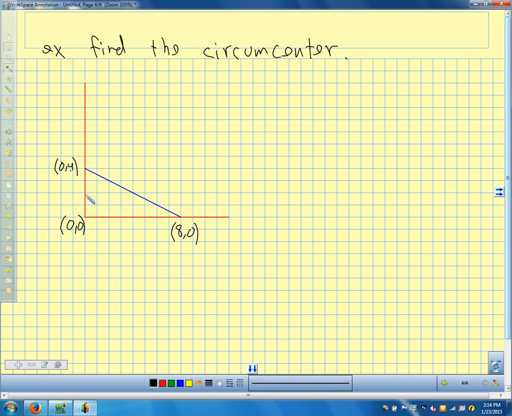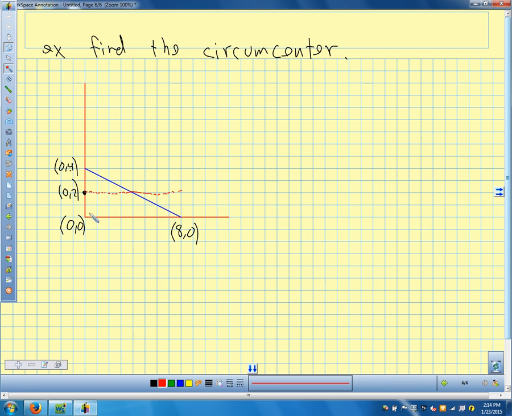What's the middle of this side? Go up 2. So that point is 0, 2. If I go perpendicular to this side, which direction do I need to go? Right. To the right, straight across, parallel to the x-axis. So I'm just going to draw that line straight over to the right, right along that grid line.